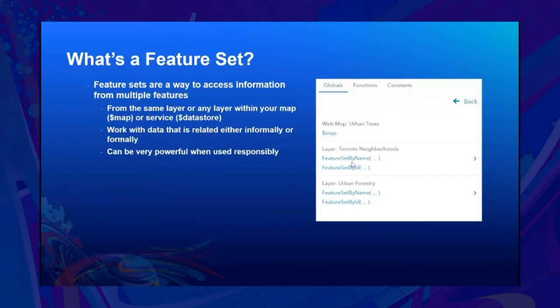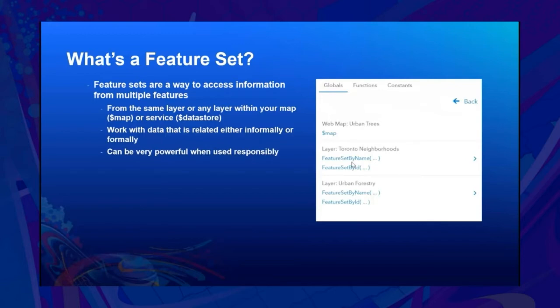So, like I said before, feature sets are a way to access information for multiple features, basically. So you define where you're going to get those features from. In some cases, that's the layer you're working with. In other cases, it may be a layer within the service, such as $datastore, or just another layer in the map.